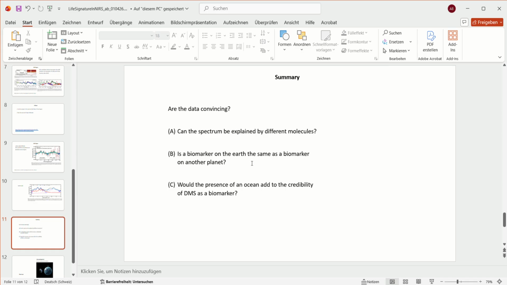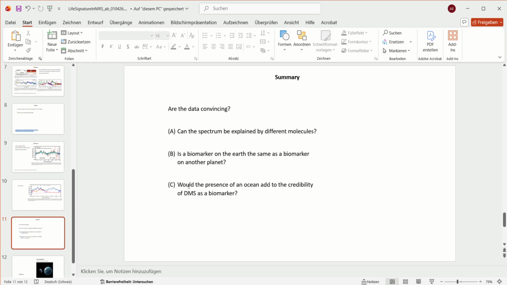But is it possible that you have maybe bacteria flying around in the atmosphere or something? Or is the chemistry really responsible for the gases that we found in Venus? So maybe Venus is a first step to answer this question for exoplanets, because in Venus we can send probes there, we can make measurements.